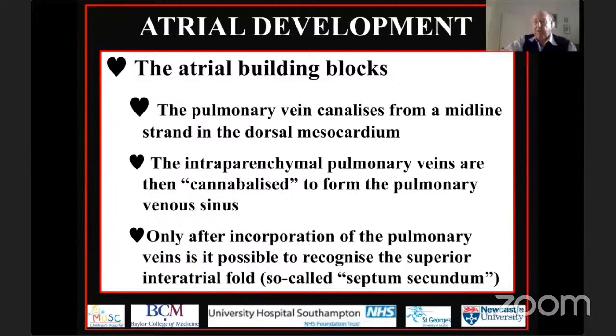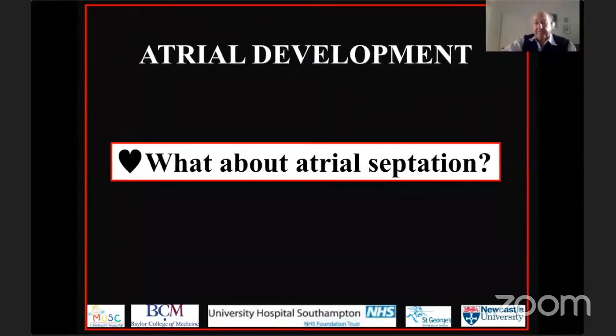Many still call that the septum secundum, but in fact it is not a septum at all. It is a fold between the pulmonary venous sinus and the wall of what will become the right atrium. And I'll show you that in just a few moments.